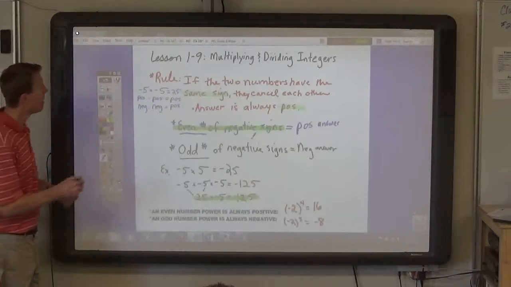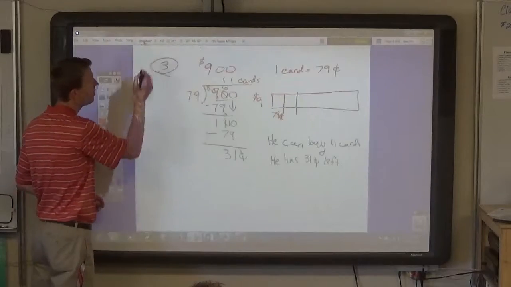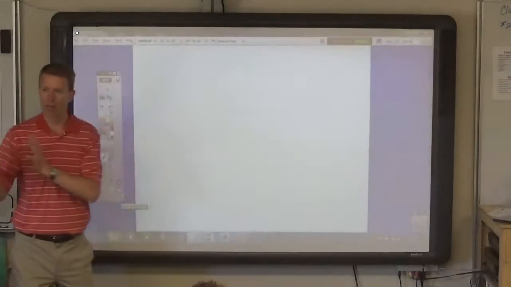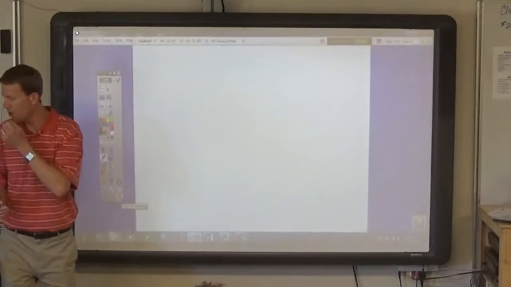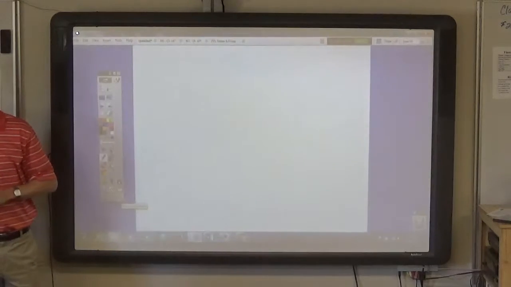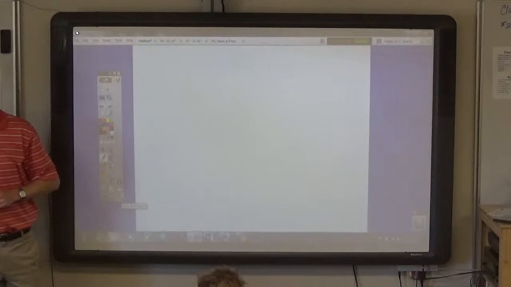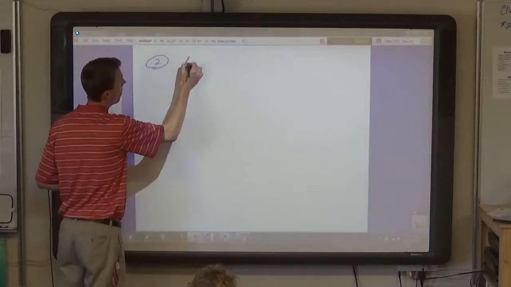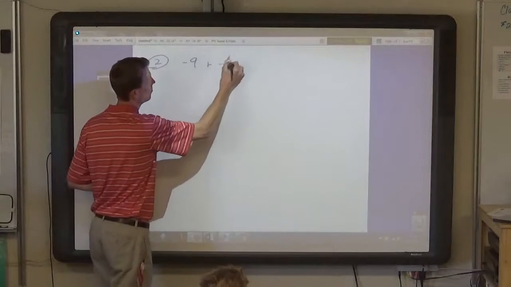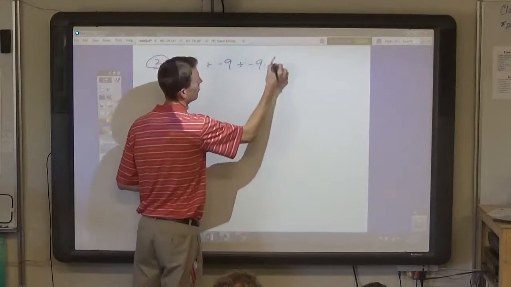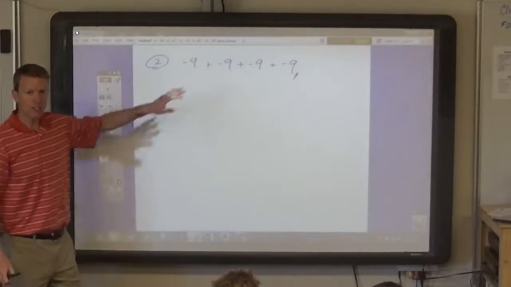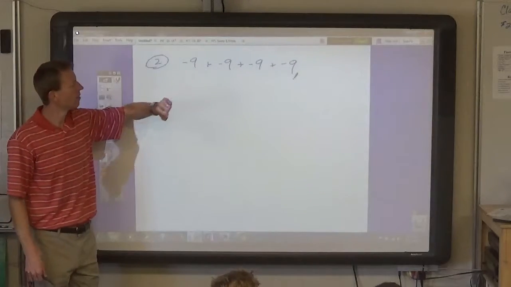Multiplying by a negative number is the same as adding that negative number over and over again. So, look at page 47. That's where our assignment is going to be from. We've talked about adding negatives already.